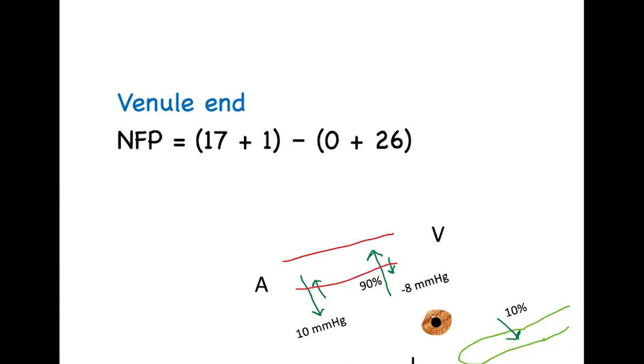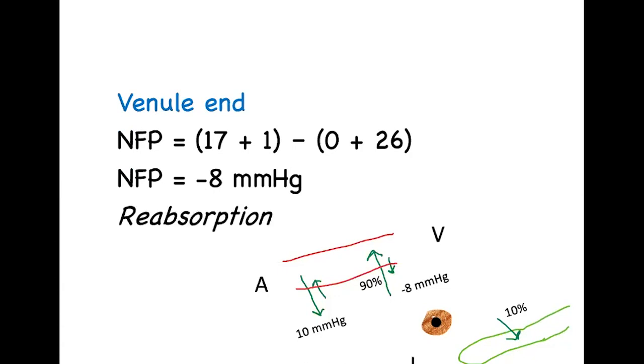So that sum will be subtracted from the hydrostatic pressure in the interstitial fluid plus the osmotic pressure in the capillary. The net filtration pressure will be minus 8 millimeters of mercury, or negative 8, and since this is a negative number, we're going to have reabsorption occurring.